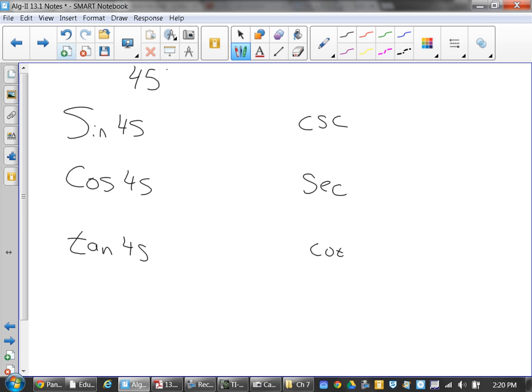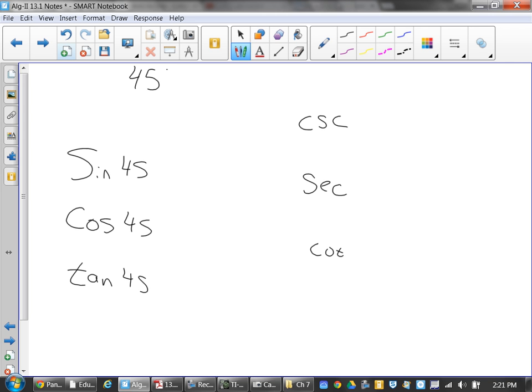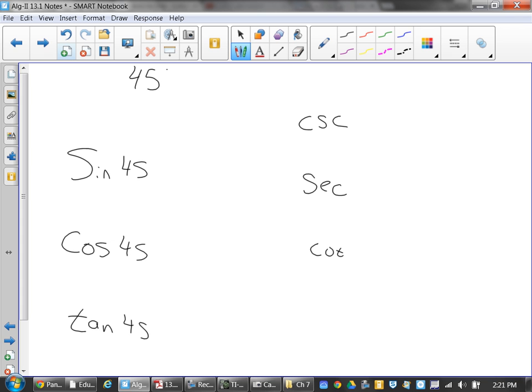When I do the special triangles in the 45s, trying to find my 6 trig functions, I'm going to use 1 as my sides: 1, 1, and root 2. This is for the 45, 45, 90. We don't worry about any of the 90-degree angles quite yet. We'll worry about those when we get to our unit circle, when we start talking about the quadrantals.